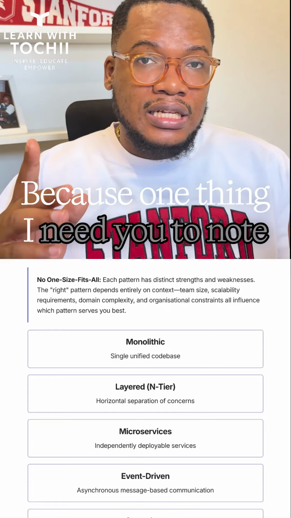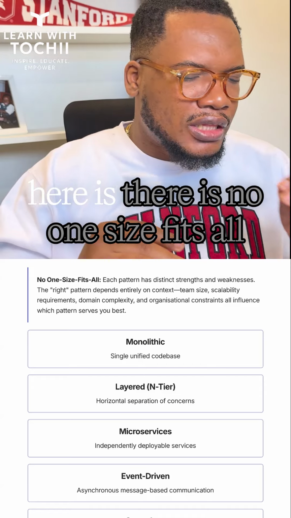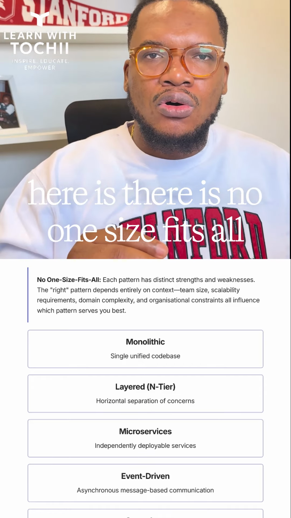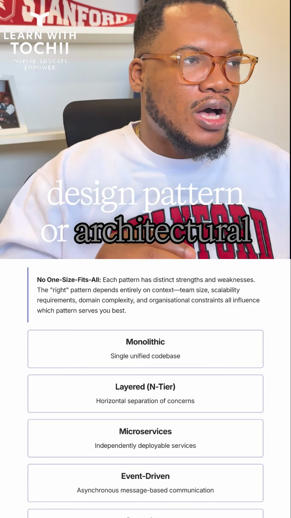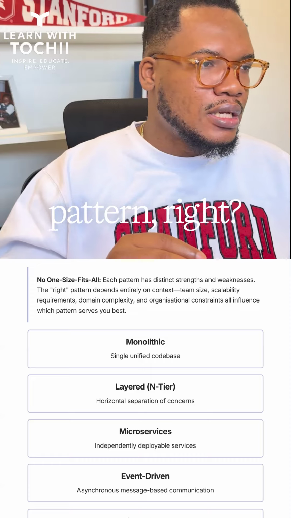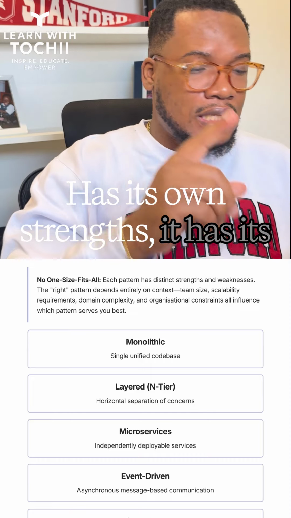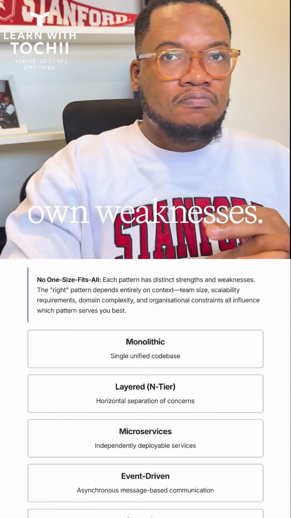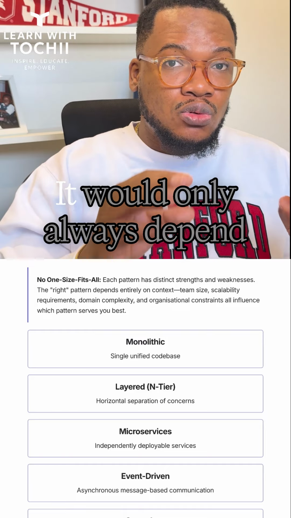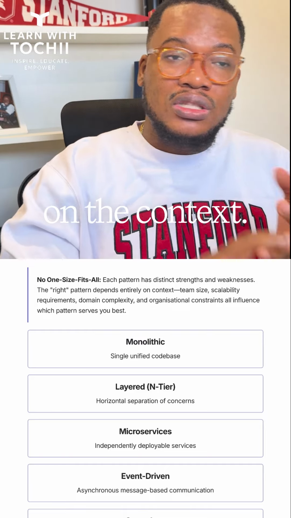Because one thing I need you to note here is there is no one size fits all design pattern or architectural pattern, right? So each pattern has its own strengths, it has its own weaknesses. Forget about right patterns. It would only always depend on the context.